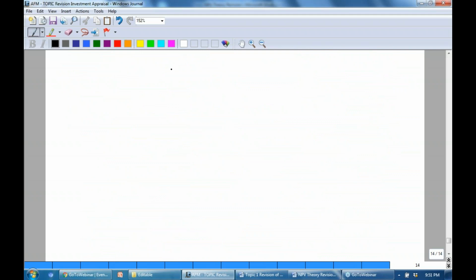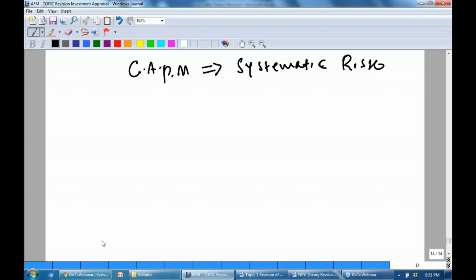CAPM says that the only risk we will consider is the systematic risk.